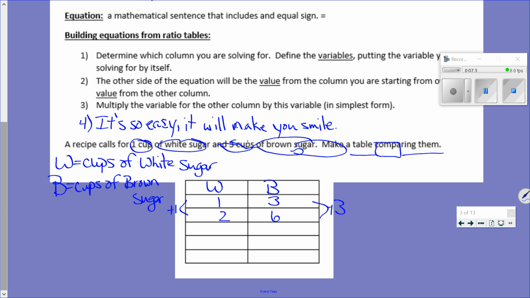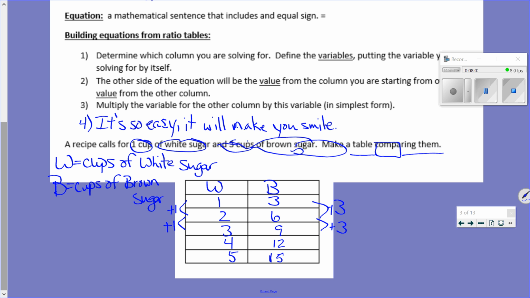Okay, so remember, show your work, guys. Come quiz time, that's going to be important. So I'm now going to add 1 again and add 3 again. Once I show my work twice, we're not going to make you do it every time. You feel free if you want to, but you show us at least twice so we understand you understand the concept. So then my next entries are going to be 4 and 12, and 5 and 15.